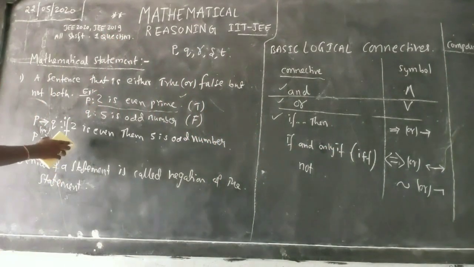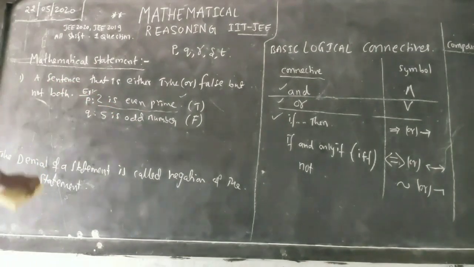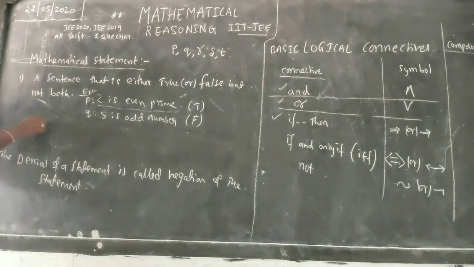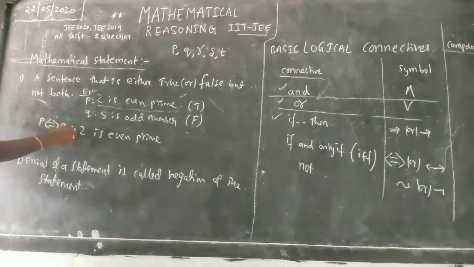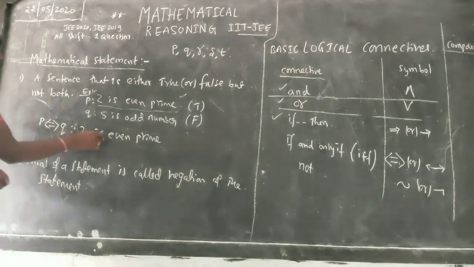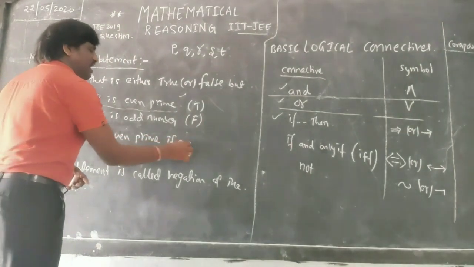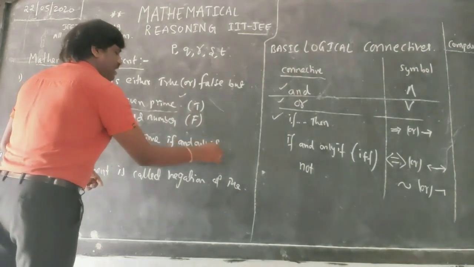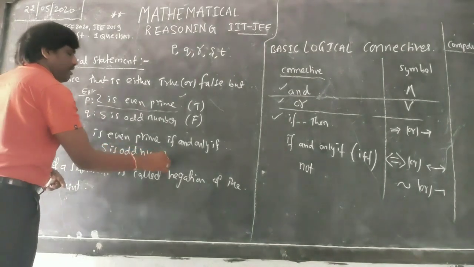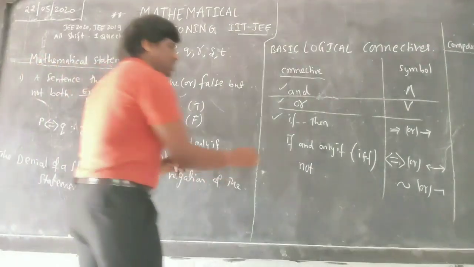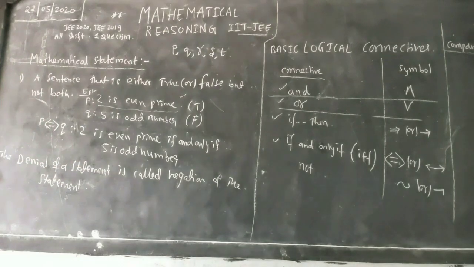This is the P statement, this is the Q statement, and I connect them with the biconditional, P if and only if Q. We can write: 2 is an even prime if and only if 5 is an odd number. These are connections. Connection number 4 is connecting two statements this way: 2 is an even prime if and only if 5 is an odd number.